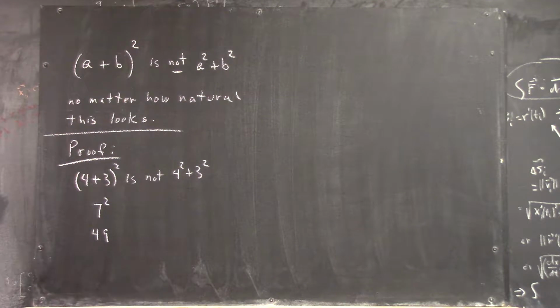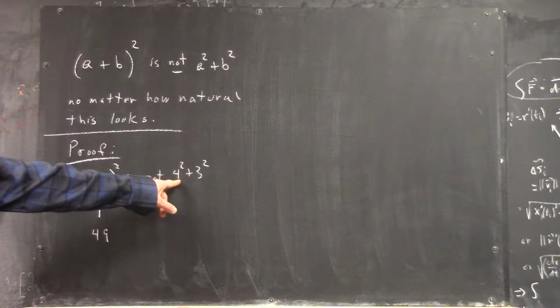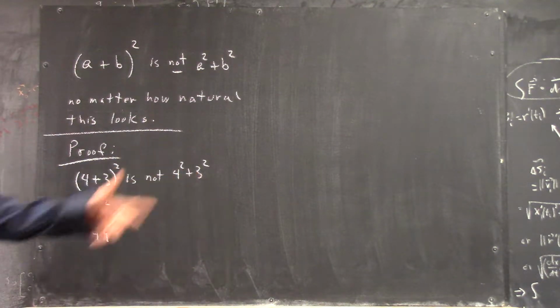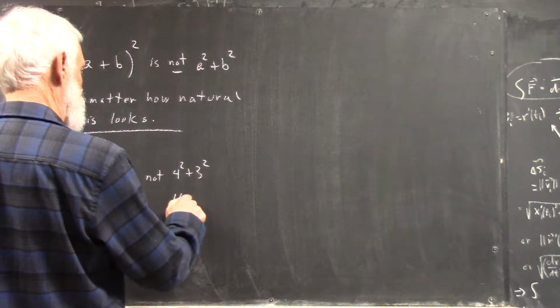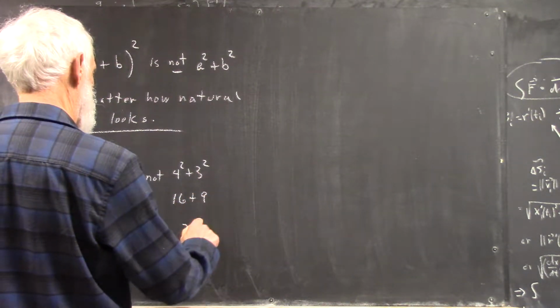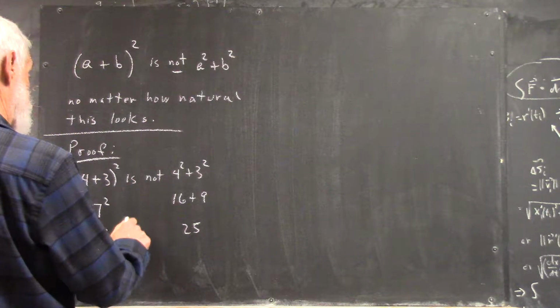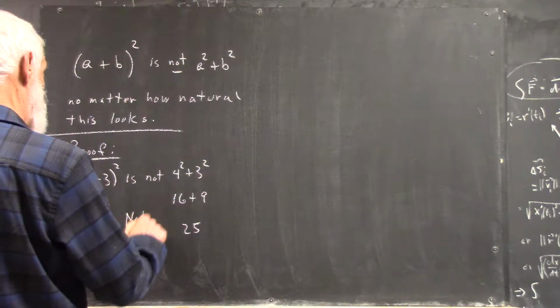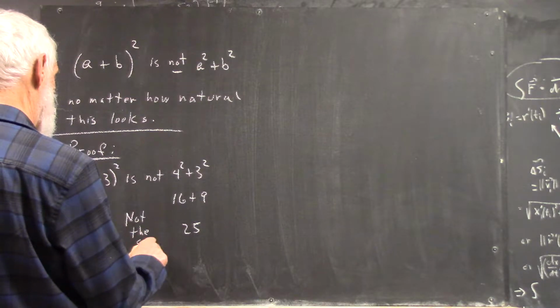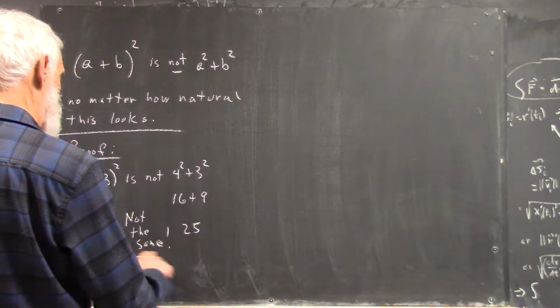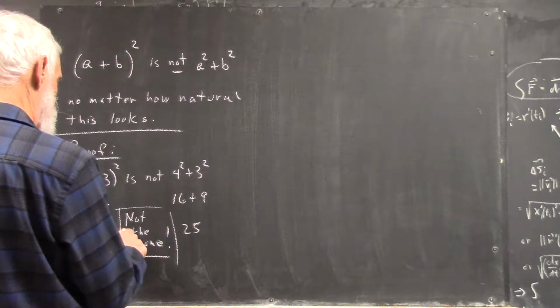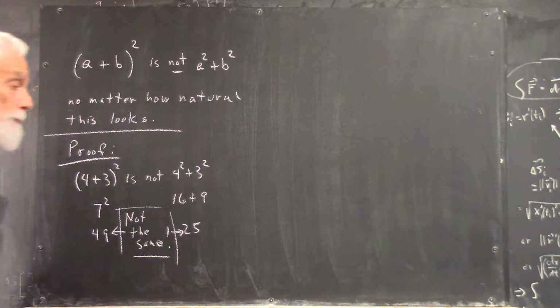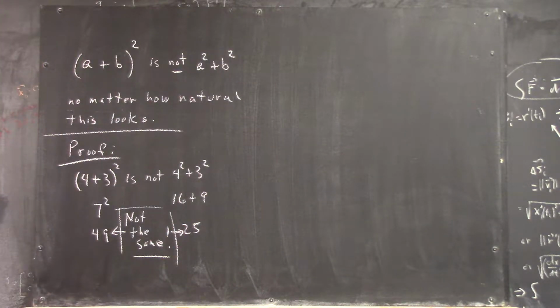Okay. What's 4 squared plus 3 squared? Well, obviously that's 16 plus 9, which is 25. Okay. So that should convince you that you can't distribute a square through a sum.